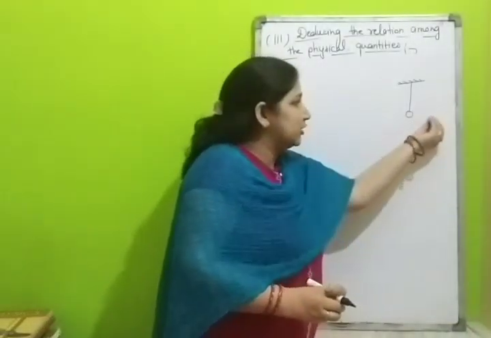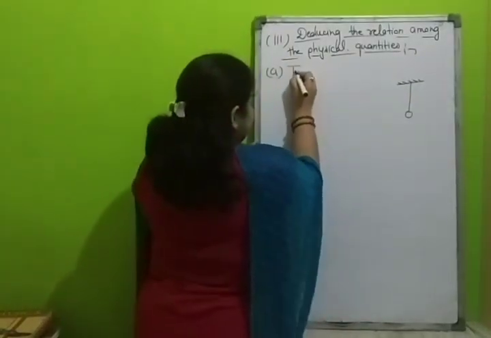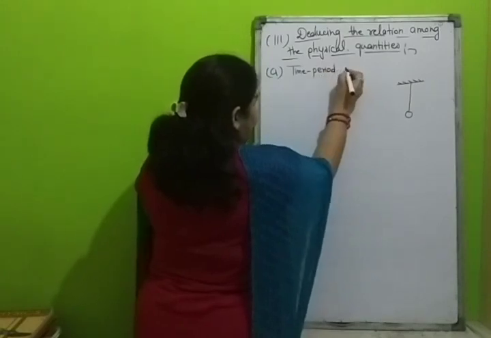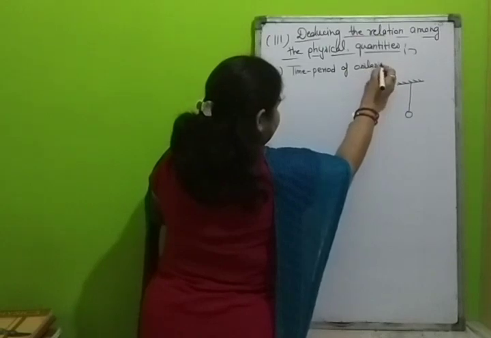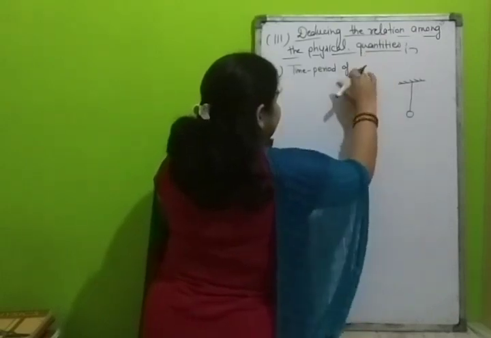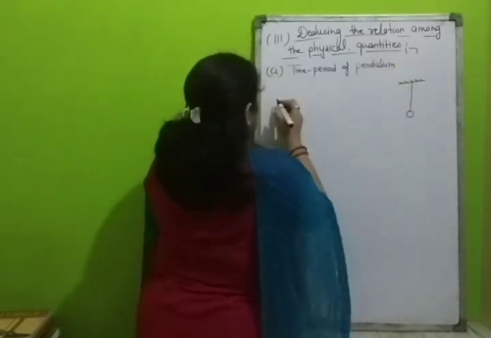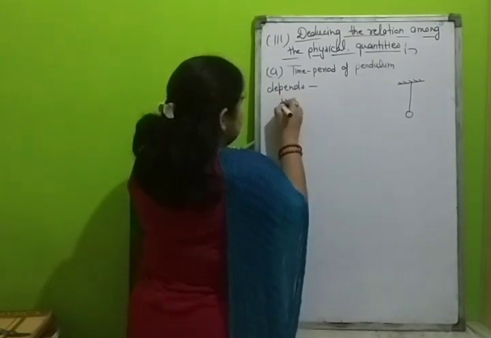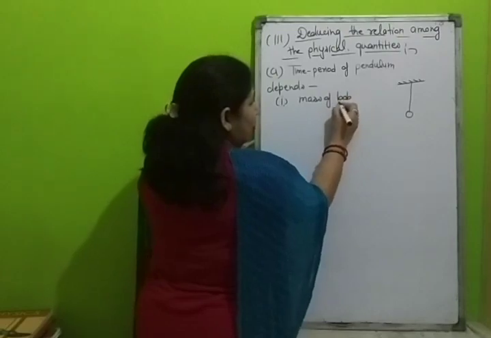If we displace it by a small distance, then it starts to oscillate, and the time period of oscillation of pendulum depends, first, on the mass of bob. What is bob?